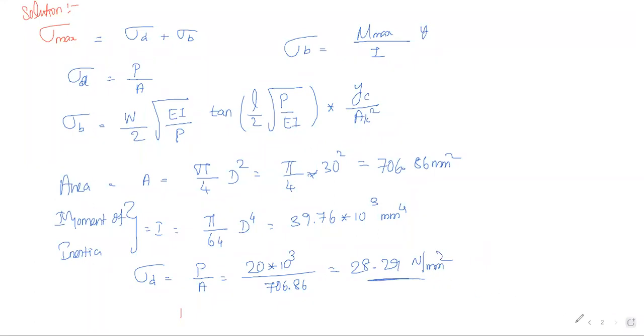So next we move on to the sigma b value. In that, first M max: W by 2 into root under EI by P into tan L by 2 into root under P by E I. So this is the value of M max. Young's modulus value they have given, so let us substitute these values.